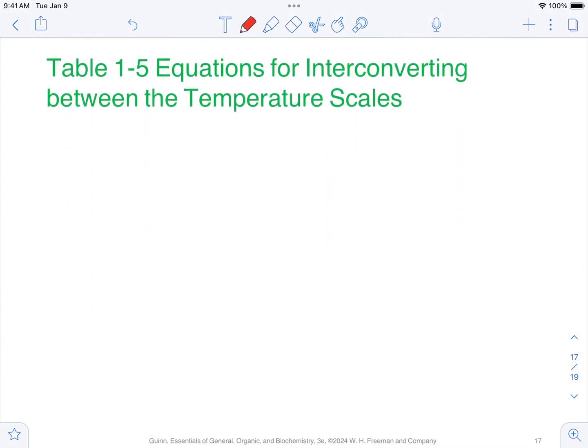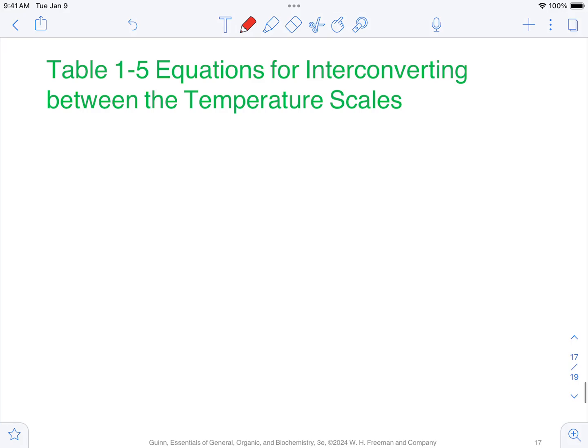Equations. You can find all different kinds of equations with fractions and different things like that. I think the best one to use is this: degrees Fahrenheit equals 1.8 times whatever your degree Celsius is plus 32. And that is used to go from Celsius to Fahrenheit and Fahrenheit to Celsius, that one equation.